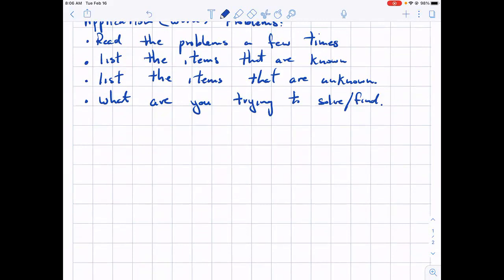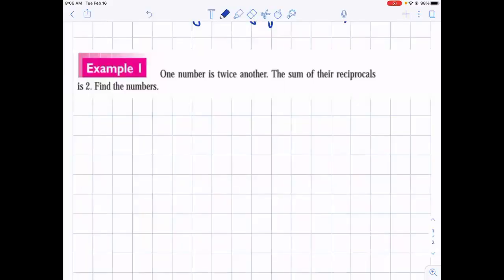So here is the first example. Example one: one number is twice another number. So here we're speaking of two numbers, right? We're speaking of two numbers here.